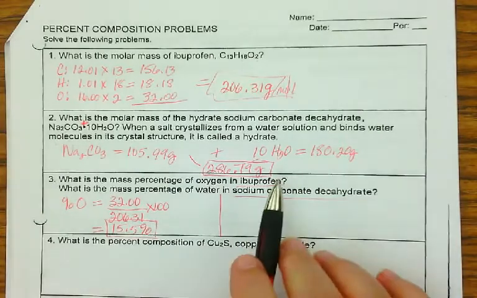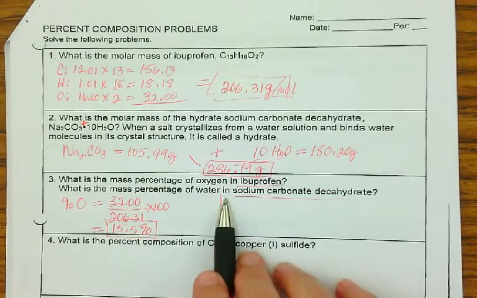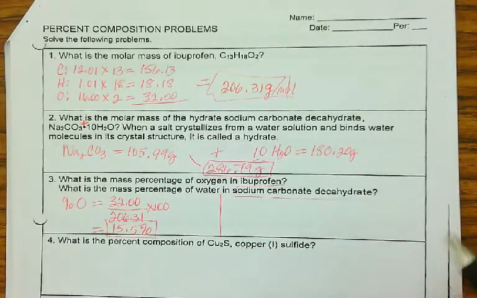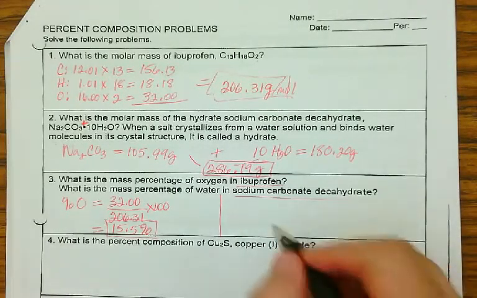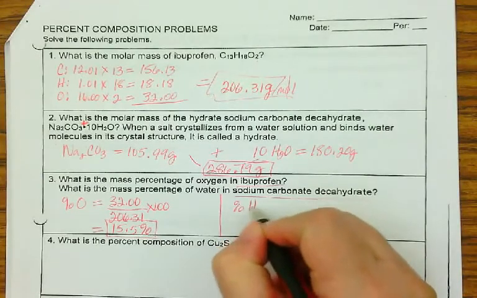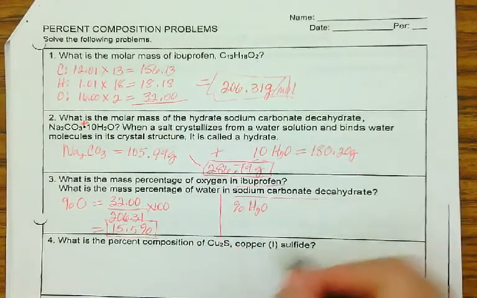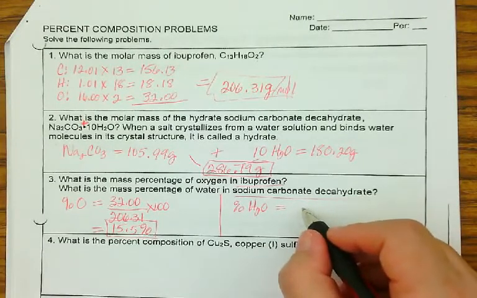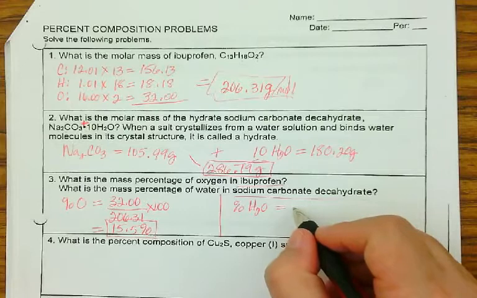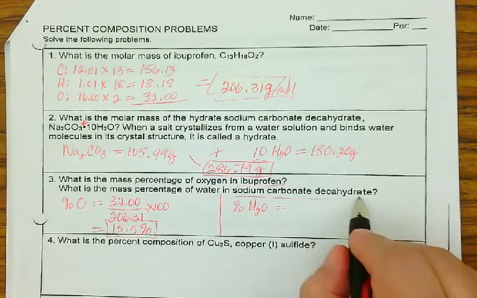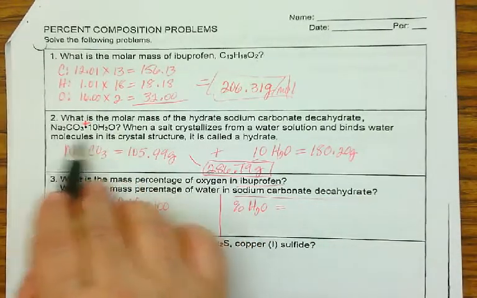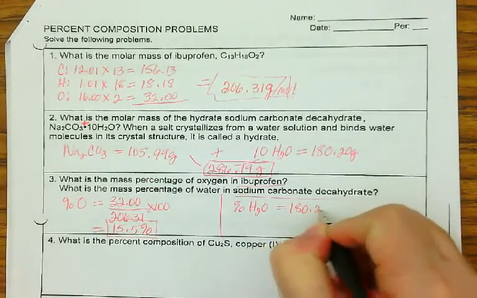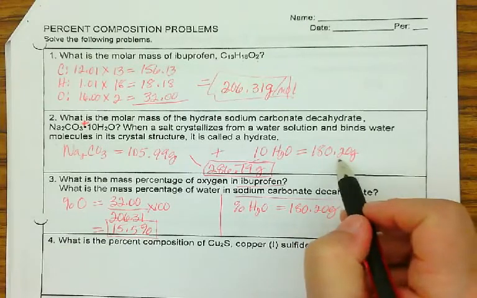Okay, the second part is asking what's the mass percent of water in the sodium carbonate decahydrate. So mass this time of water is equal to the mass of the water. How much was the mass of the water? This is in the second, the sodium carbonate. Yep, the 180.20 grams from right here.